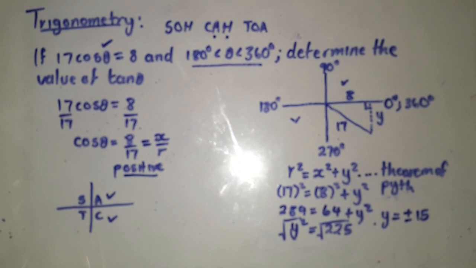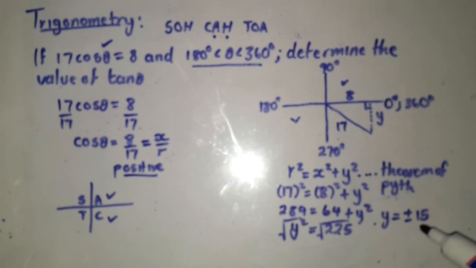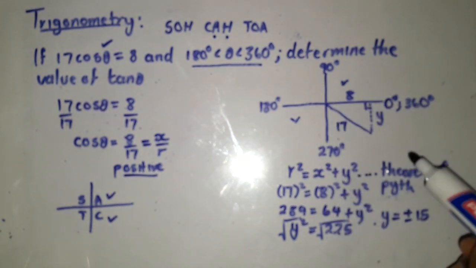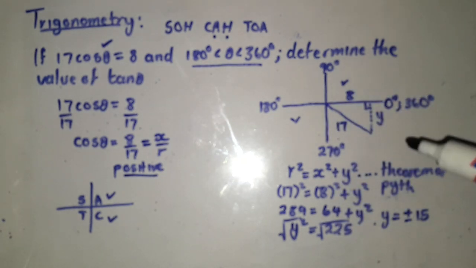By looking at our diagram, since we get two values for y, we must pick the correct value using the diagram which we drew.